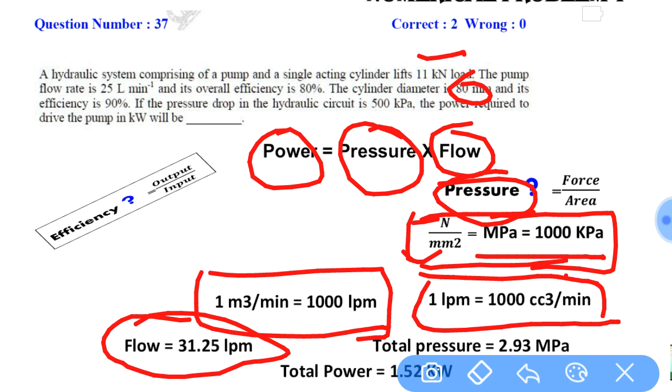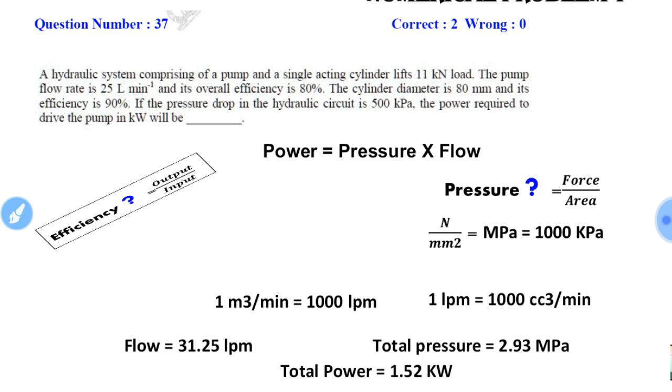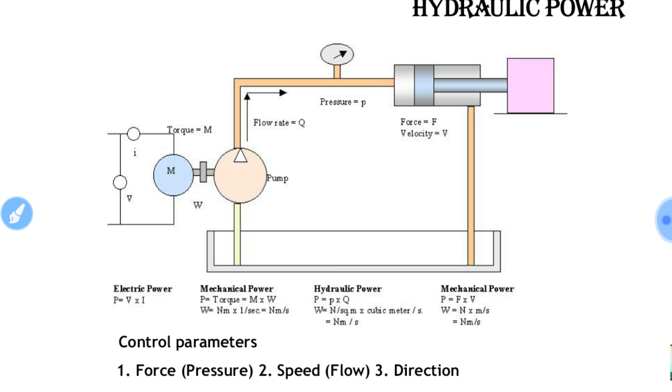Then we'll get the actual pressure on this. And there is some pressure drop. What is pressure drop? In this line, in between the pump and the cylinder, there will be either pipe connections or some passages.